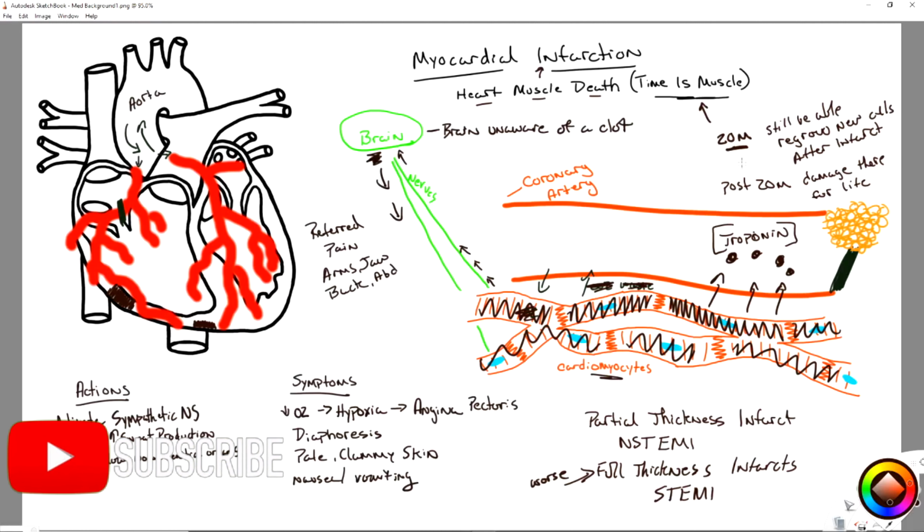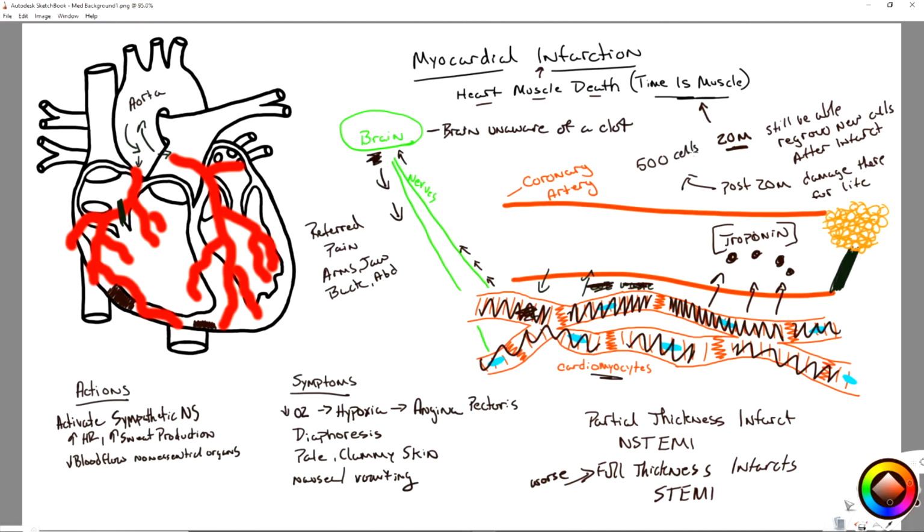So the last thing that I want to leave you with this time is muscle, in this post 20 minutes, okay? This post 20 minutes, 500 cardiac myocytes, right? Those cardiomyocyte cells, okay, are lost, okay? Lost per second, okay?